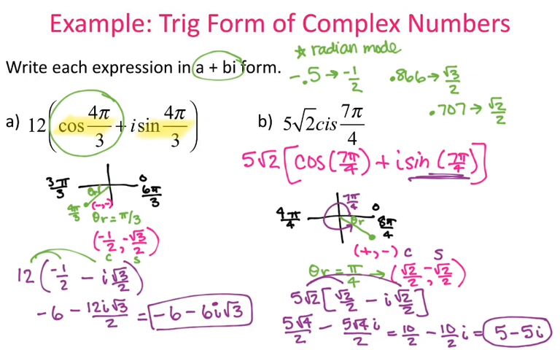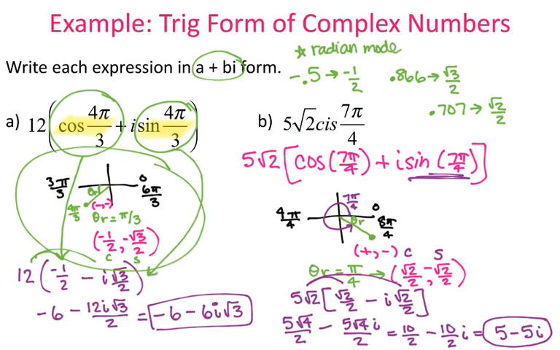So if you want to skip all of this stuff, you're more than welcome to do so. When I take cosine of 4 pi over 3, it's going to take me straight to negative 1/2. When I take sine of 4 pi over 3, you're not going to put the i in the calculator, it's going to give me a decimal. So when I do sine of 4 pi over 3, that's going to give me negative 0.866. But if I look over here, 0.866 is approximately root 3 over 2.